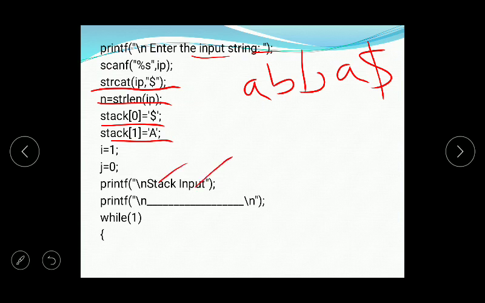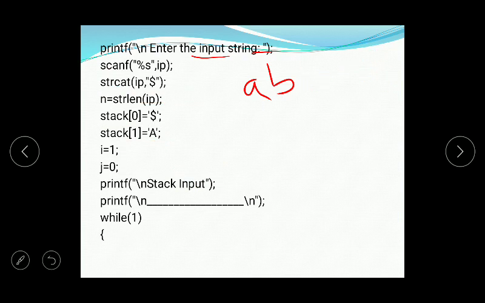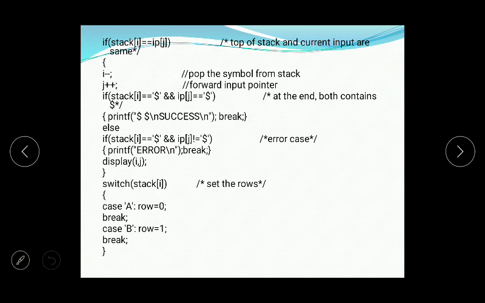Then just a line; if you want you can decorate as you want. Then you introduce one while loop like this, while of 1. Next, check if stack of i is equal to input of j. i for stack and j for input. So i is equal to 0 initially, input j is equal to 1.